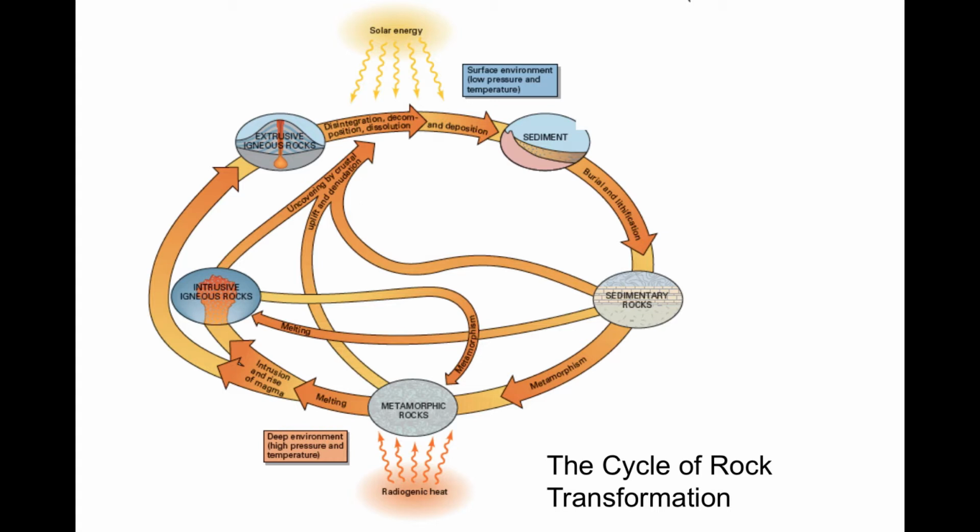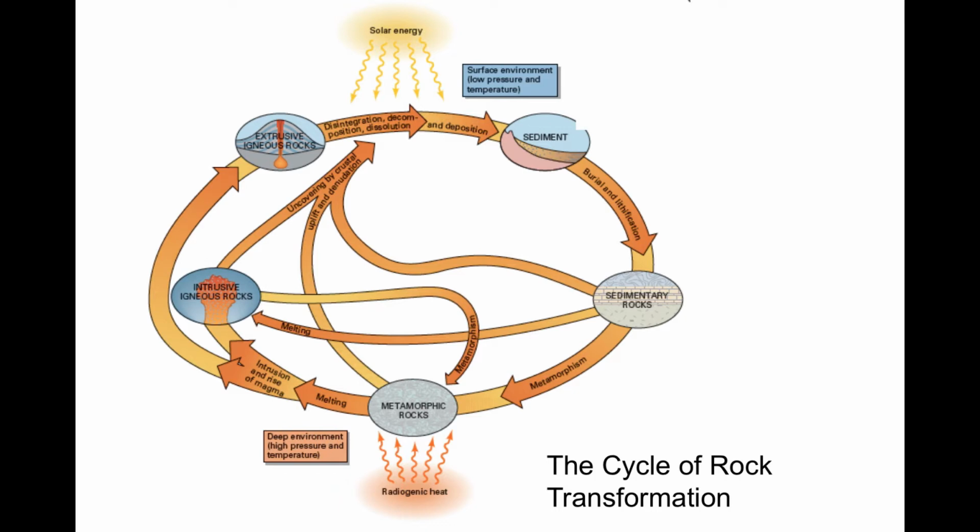The metamorphic rocks in the mantle can evolve into intrusive igneous rocks, and those igneous rocks will weather and decay and be eroded to form sedimentary rocks. And so there is a constant transformation from one type of rock to another over geologic time.